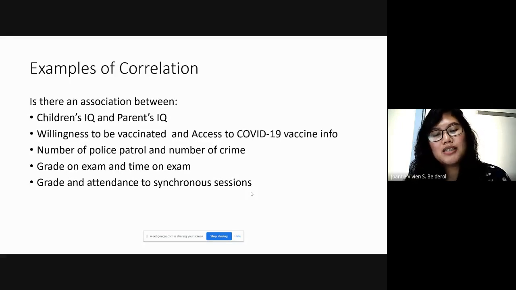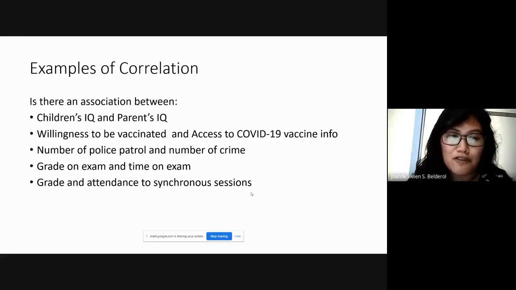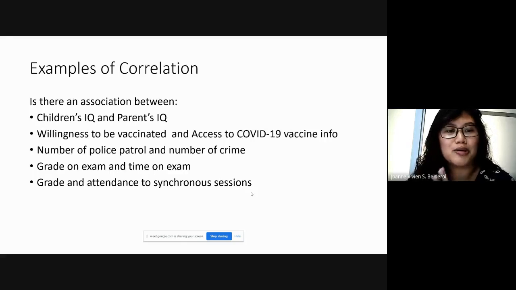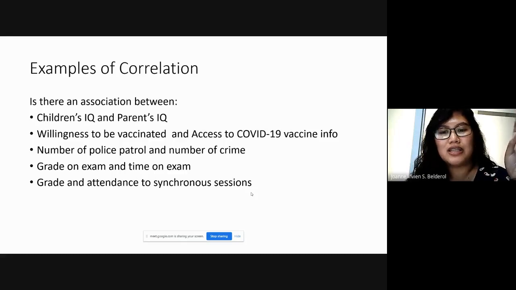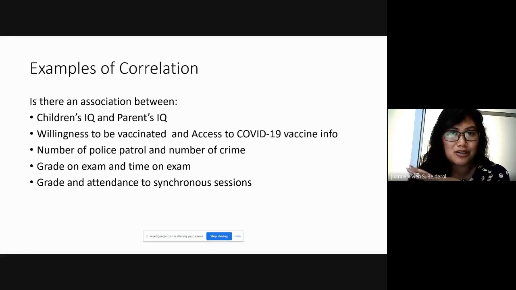If you have more access to COVID-19 information, do you become more confident to get vaccinated, or is it the opposite? Next, is there a relationship between the number of police patrols and the number of crimes? If police patrols increase, does the crime rate decrease, or does crime increase?